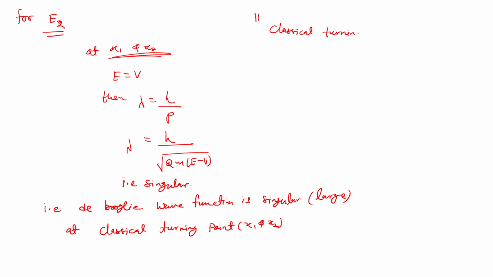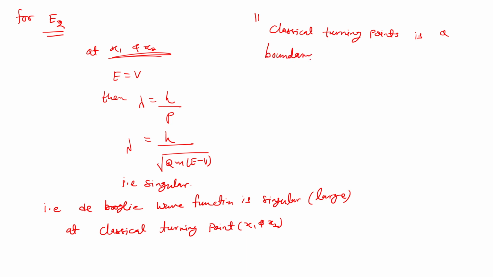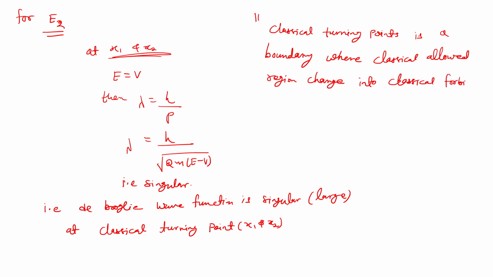Classical turning point is a boundary where the classical allowed region changes into the classical forbidden region, or it could be the opposite, vice versa.